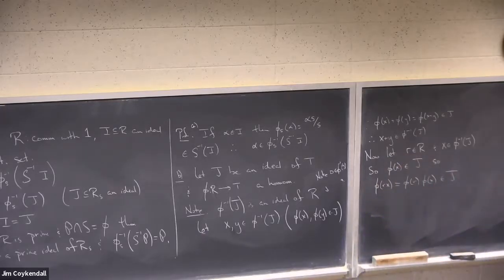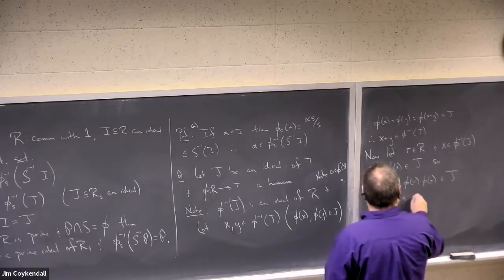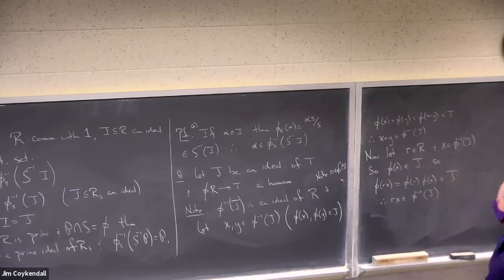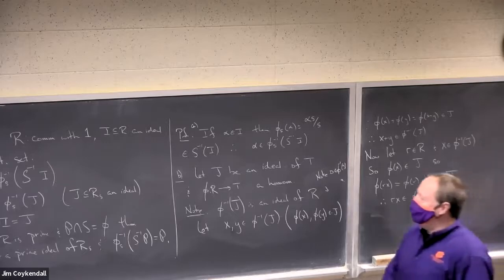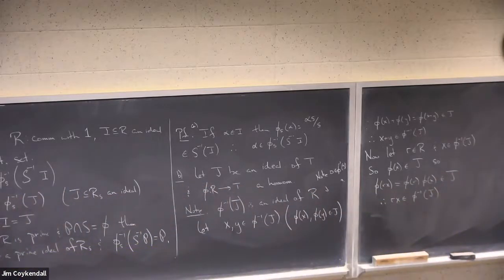Therefore, rx is in phi inverse of J. Okay, so I proved a more general statement here: the pre-image under a homomorphism of any ideal in any ring T is an ideal in R.